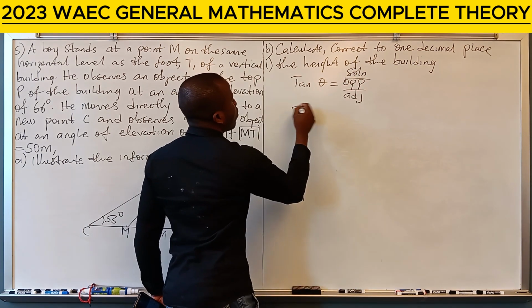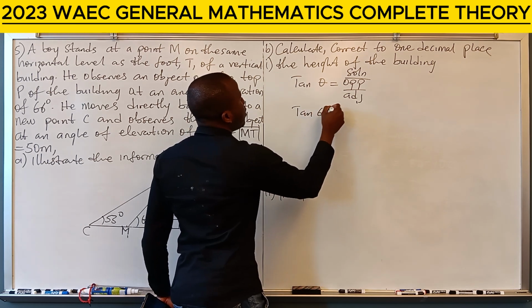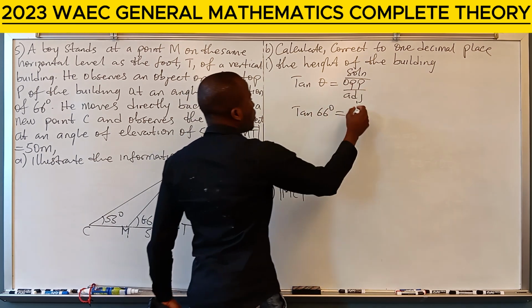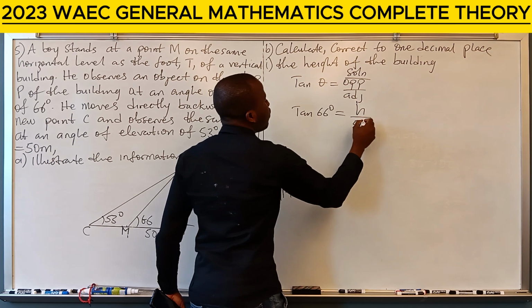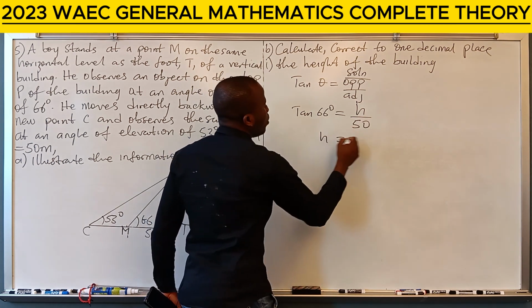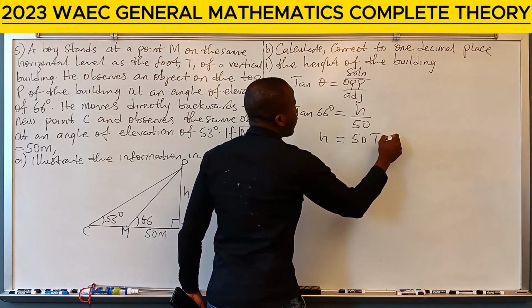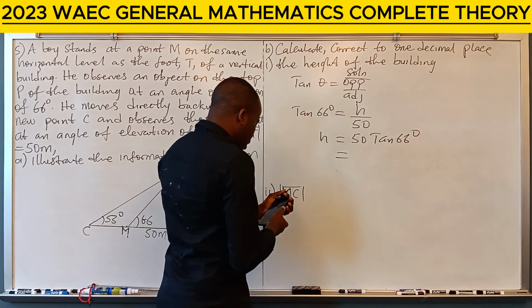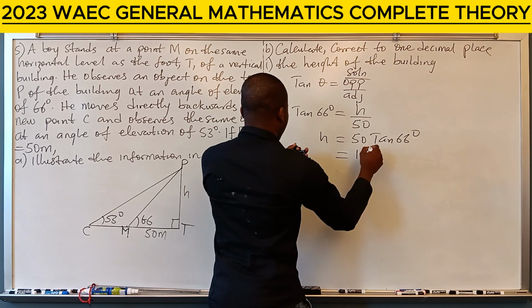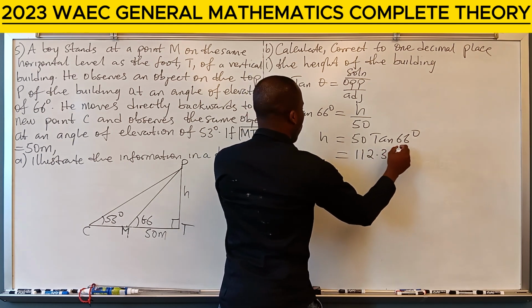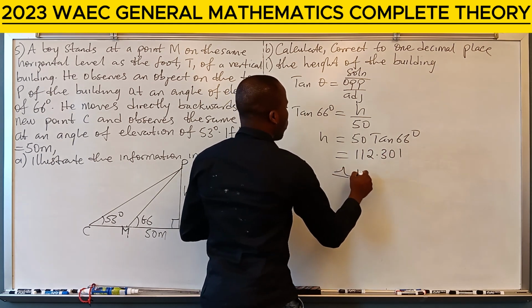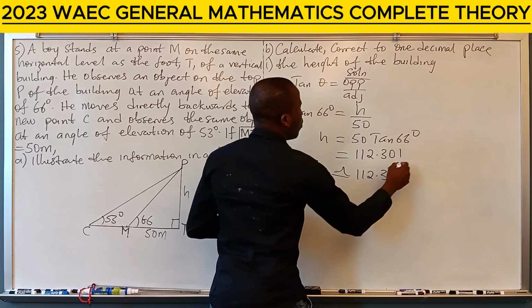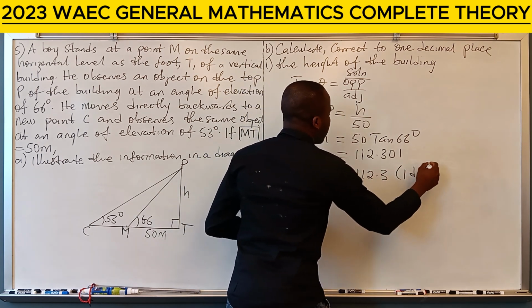And so tan 66 degrees, our opposite is H, our adjacent is 50. So that H will be 50 tan 66 degrees. 50 tan 66 degrees is 112.301, approximately 112.3 to one decimal place.